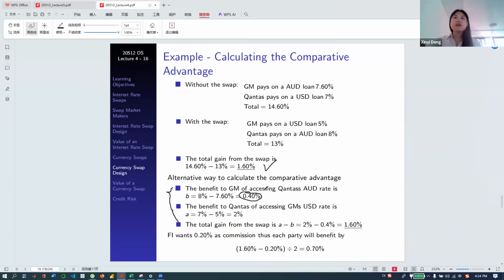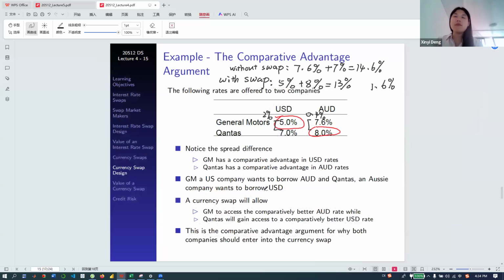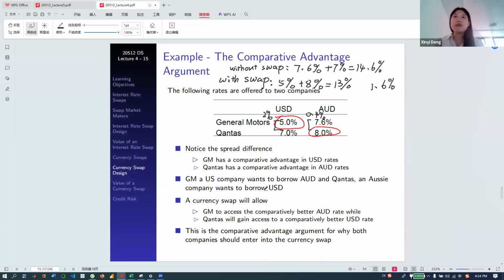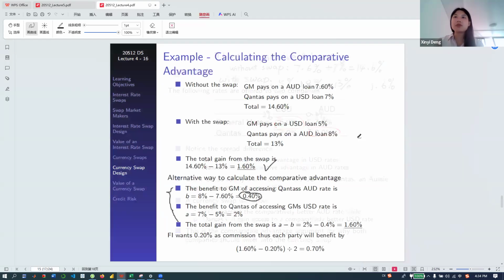If GM is borrowing at its own AUD rate, that's 7.6%. And if it's accessing the Qantas rate of 8%, that's an increase in cost of 0.4%. So that's a loss for them, so that should be minus 0.4%.